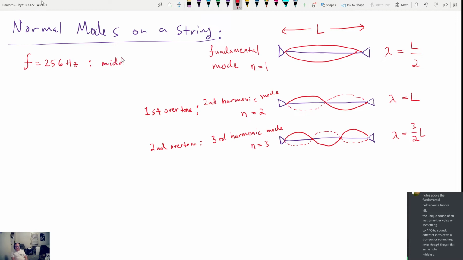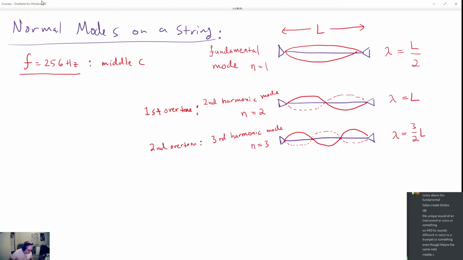Middle C on a piano corresponds to a frequency of 256 hertz, so you know quite a bit about music. And you can produce that same note with your voice. People can sing and produce a middle C note. You can produce it with a trumpet or something else, and all of them will sound different from each other. But what will really sound different is if you have a computer produce that note.